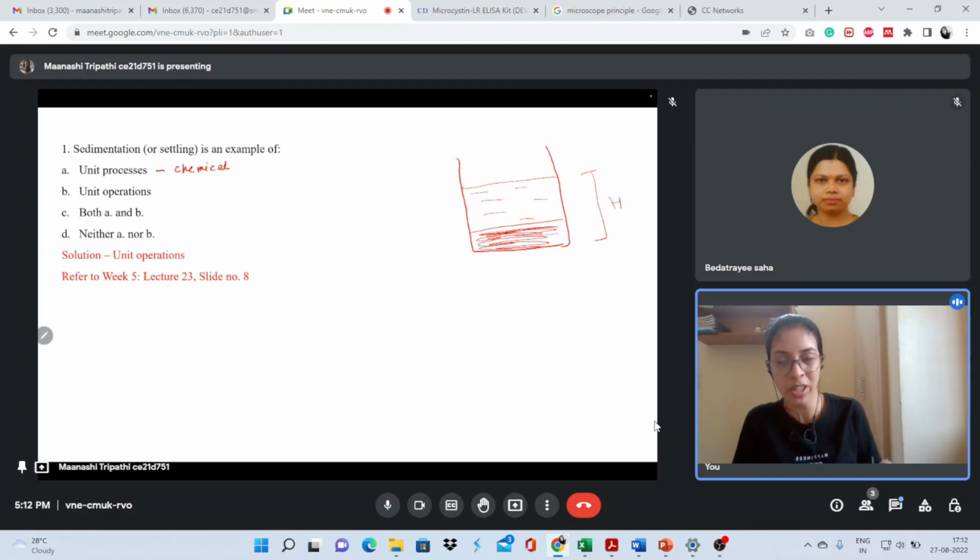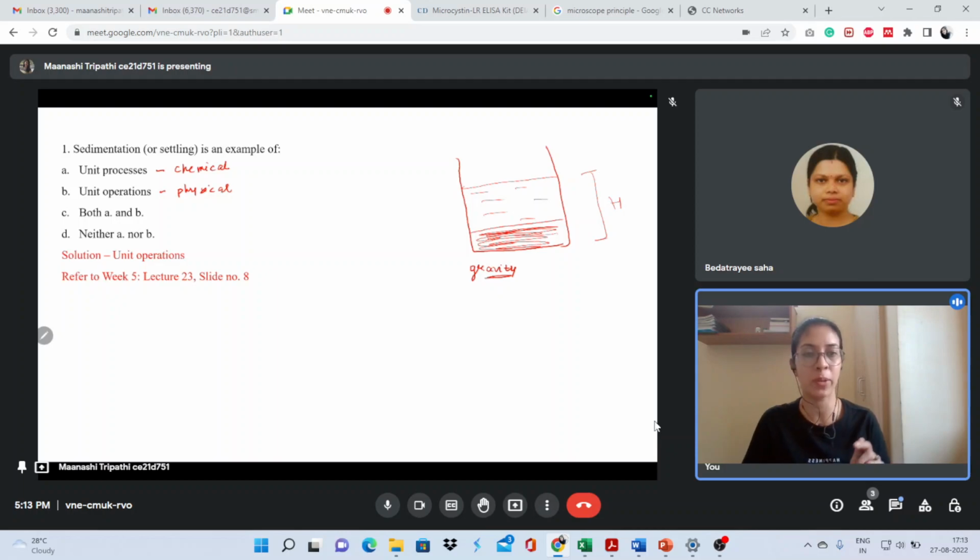What we do in a unit process is add some chemical that will help us separate the contaminants from the water. A unit operation is purely physical. As in this case, gravity was working. We are not adding any chemical, we are just allowing it to settle under gravity. That is why this is a unit operation, not a unit process.